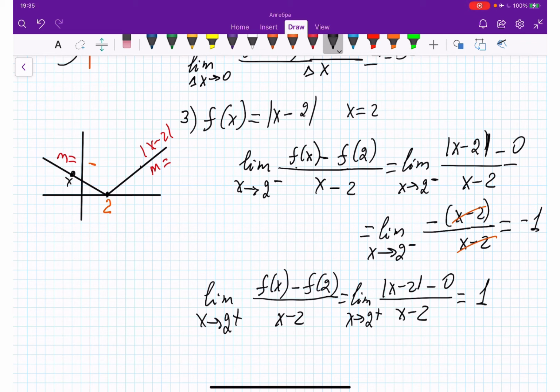And as we can see, based on the principle of one-sided limits, the limit from the left side is not equal to the limit of f of x from the right side.